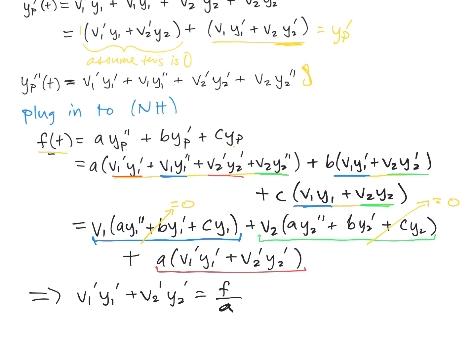So what we've got now is two requirements on our v's. This one here and this assumption that we made up here. So in summary, I'll put that off to the side so that we can see it, although it's small.